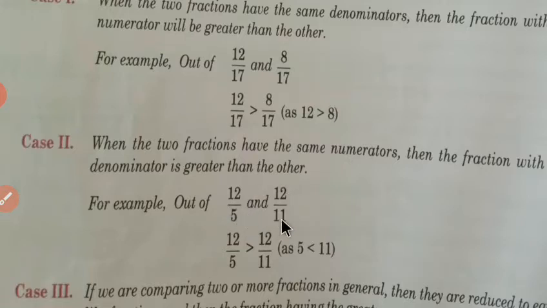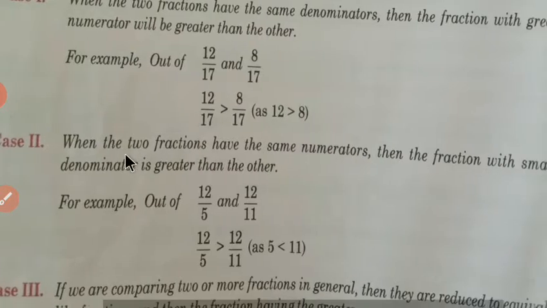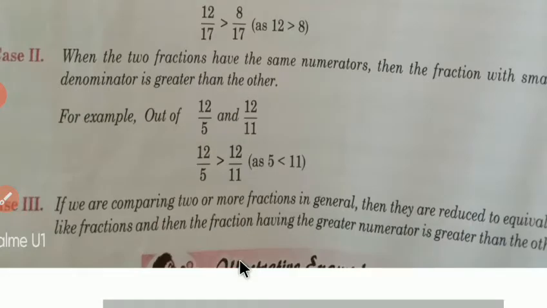So we have to compare the denominators. So 5 and 11. Here you can see 11 is greater than 5. But we have seen that when two fractions have the same numerator, the fraction with smaller denominator is greater than the other. So 12 by 5 is greater than 12 by 11.